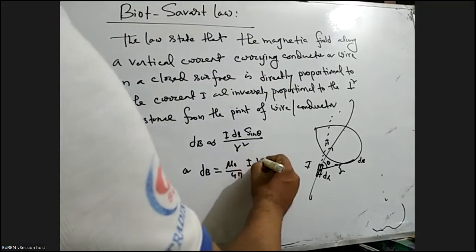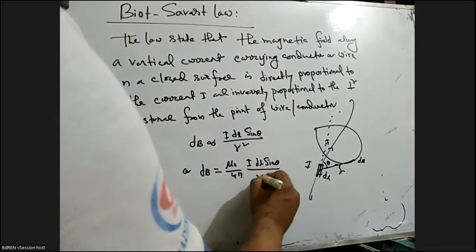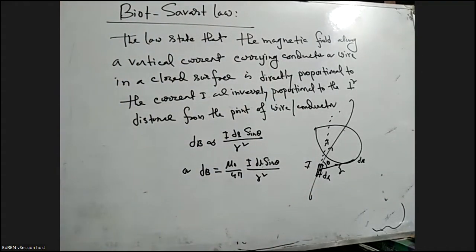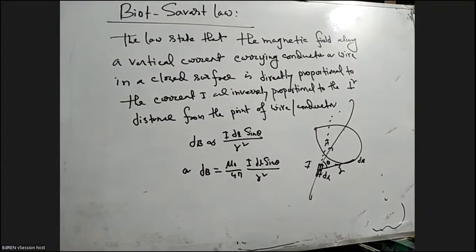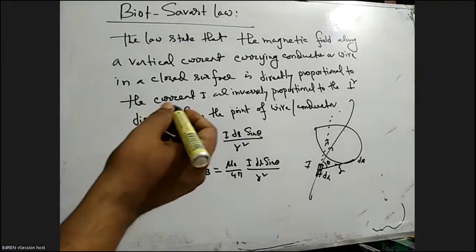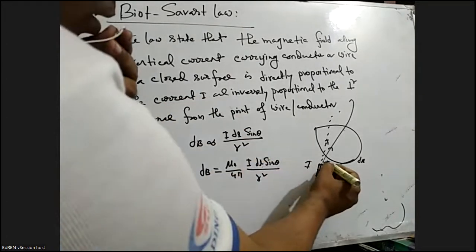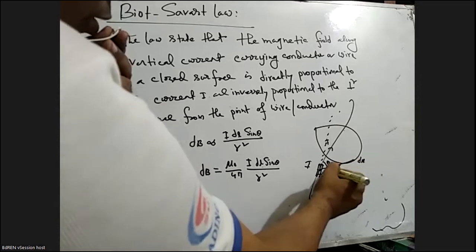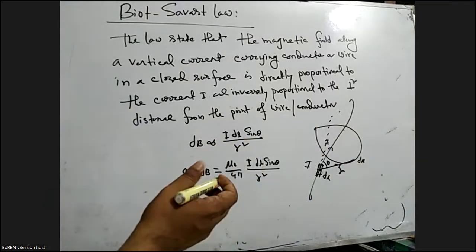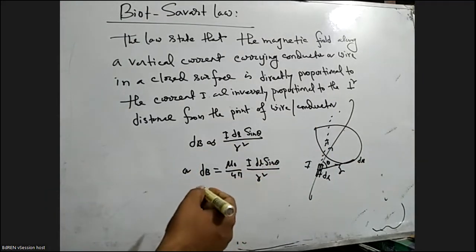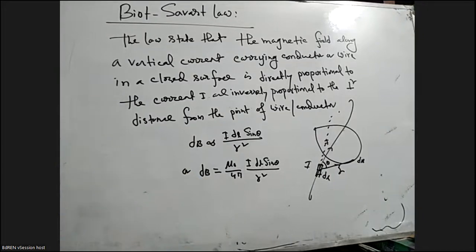So dB equals mu naught by 4 pi times I dl sin theta by r square. This is the actual statement of Biot-Savart's law. And theta is the angle between the electric current and the distance between the point where we find the magnetic field and the midpoint of the dl.